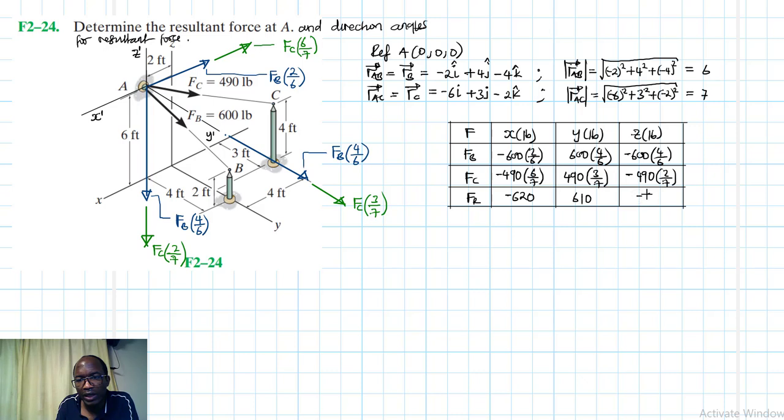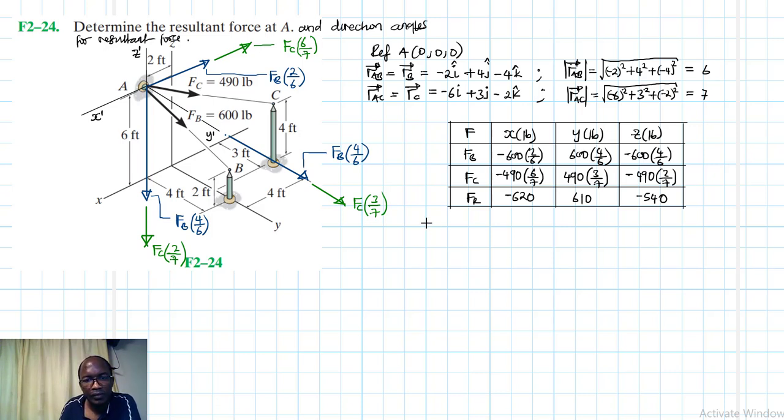We have a minus 540. Let me just check through. So that one is minus 200 minus 490 by 6 divided by 7, 620. We have a 400 plus 490 by 3 divided by 7, 610. We have a minus 400 minus 490 by 2 divided by 7.